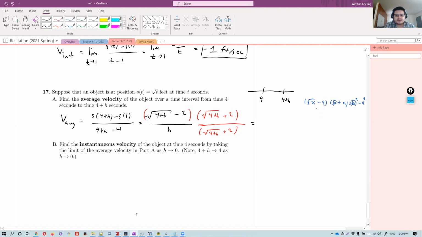So there's a shortcut to multiplying by a conjugate and expanding it out, where you don't even think about expanding it, just think about squaring away the square root. And what you get is 4 plus h minus 4 on top, and then h times the square root of 4 plus h plus 2, like that.